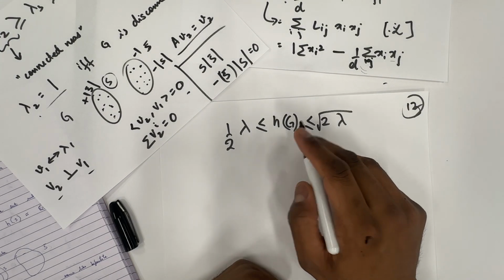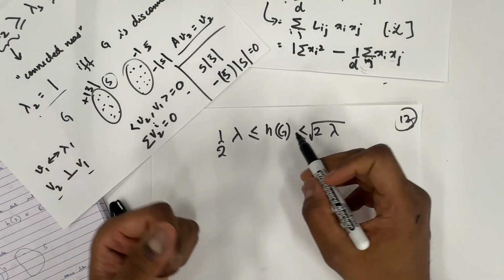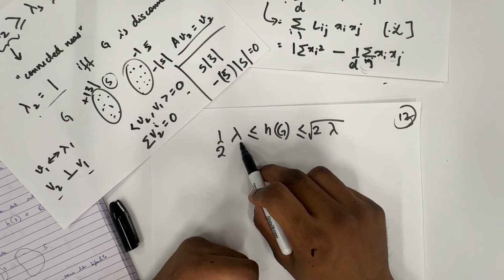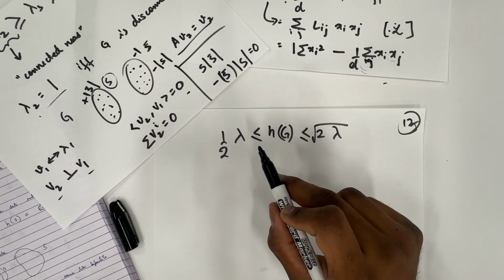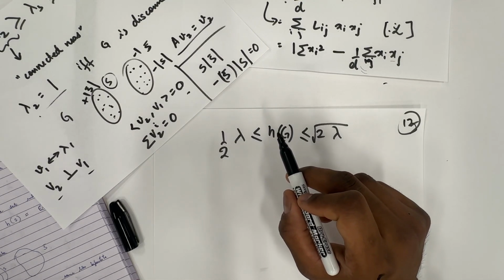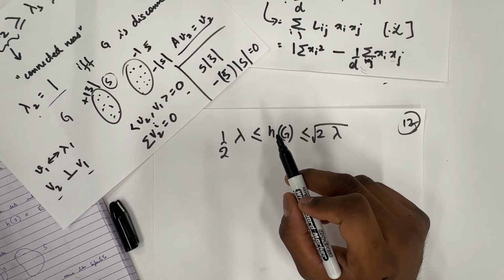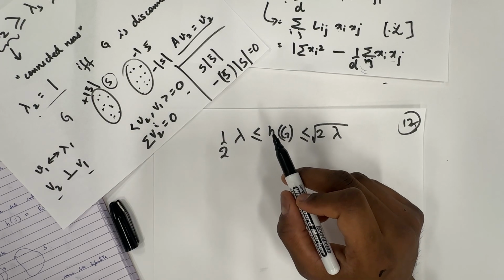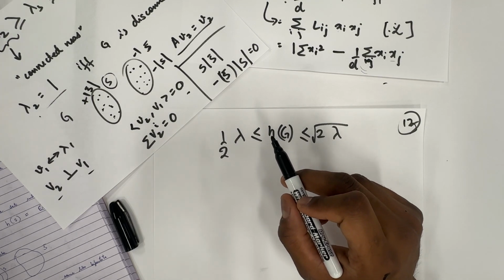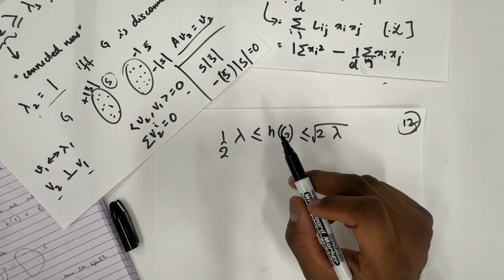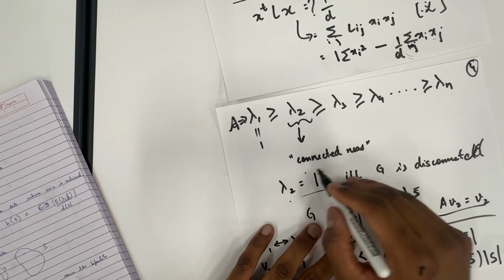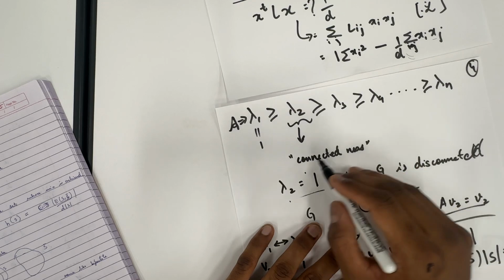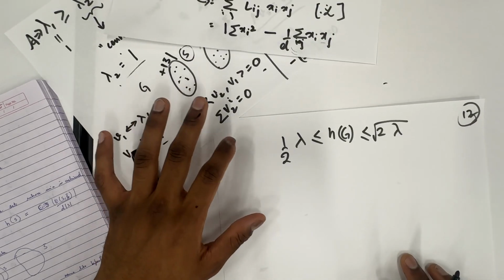What this means is, if my expansion is low, that means my eigenvalue gap is low. And that's why we also saw, when we were making a comment, that lambda 2 represents connectedness, right? So maybe there are some relations.